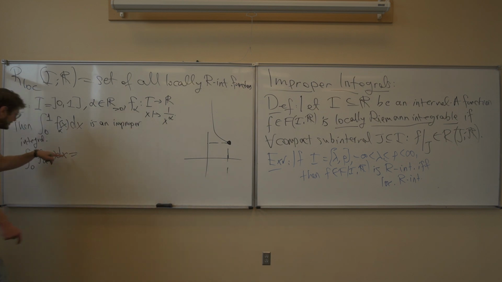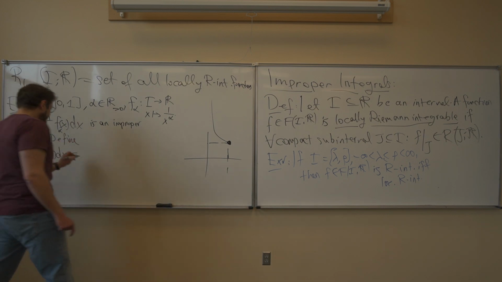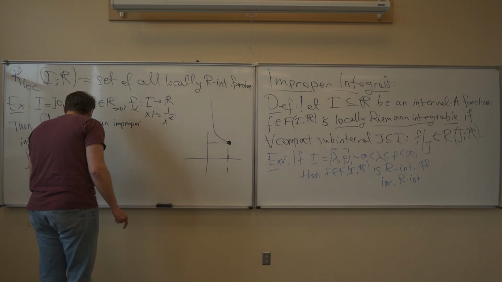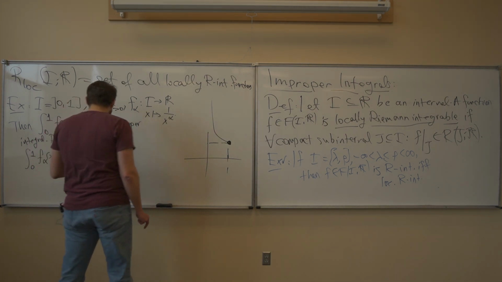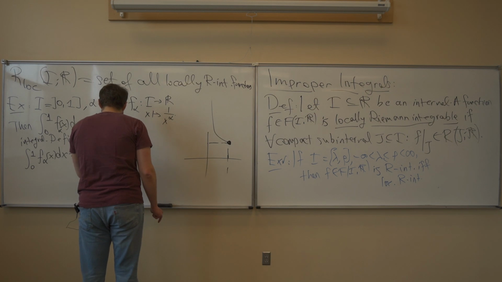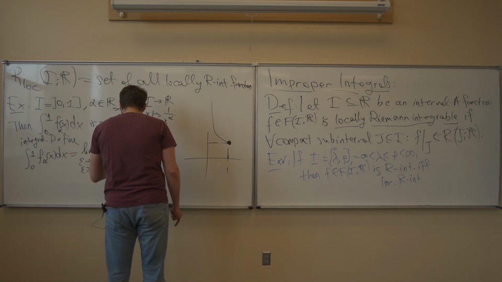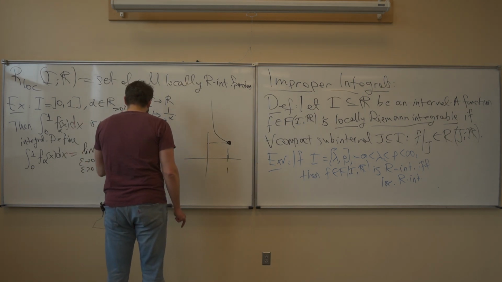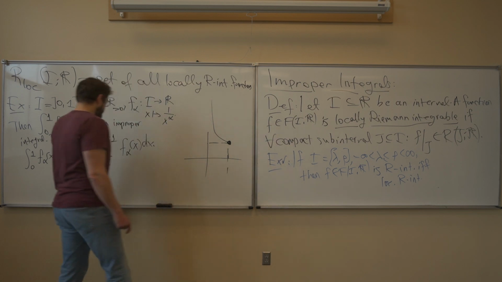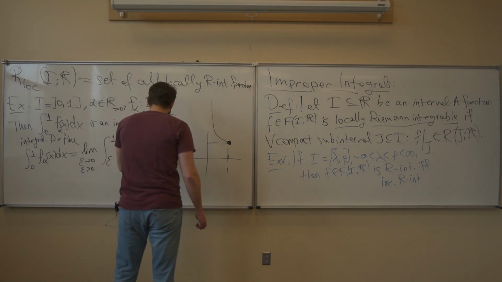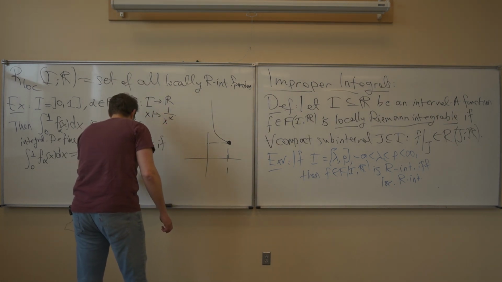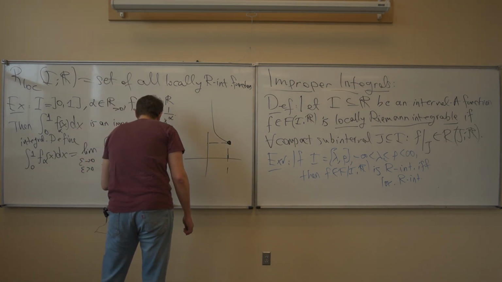So I'm going to define this to be the limit as epsilon goes to 0 of the integral from epsilon to 1 of f sub alpha, of course, if the right-hand side is defined.